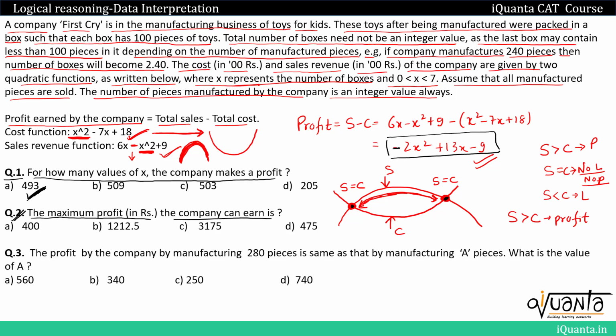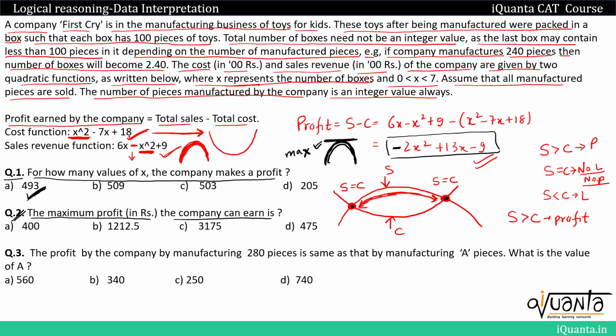Now there are two ways to find out the maximum value of this quadratic function. I have already told you that whenever the coefficient of x square is negative, then the graph is always a downward parabola. That means at some point, this graph will reach its maximum level. So this is the value of x for which this function will attain its maximum value.